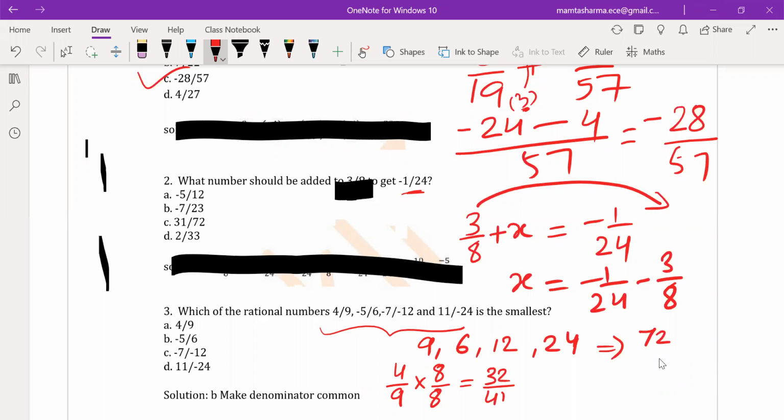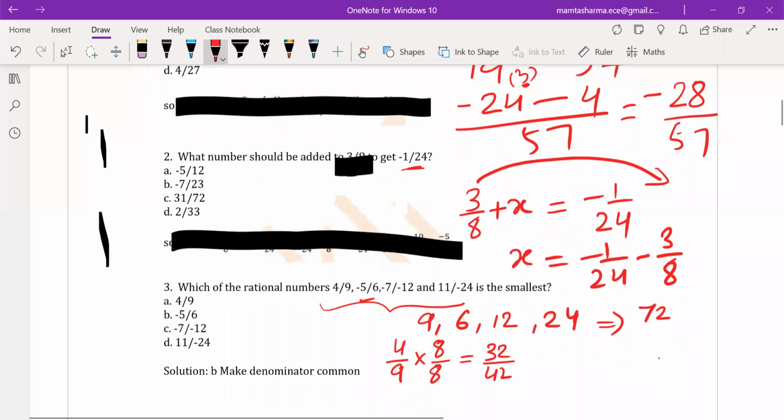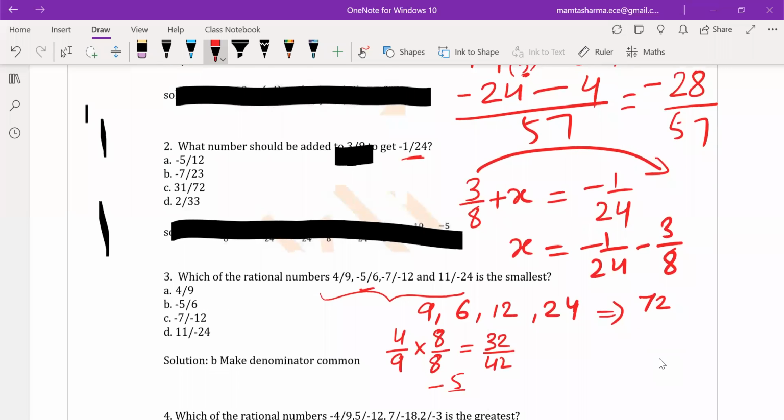Again convert this 5 by 6 to the denominator 72. 6 12s are 72. Multiply 12 on the upper and bottom both sides. You will get 5 12s are 60, so 60 by 72.